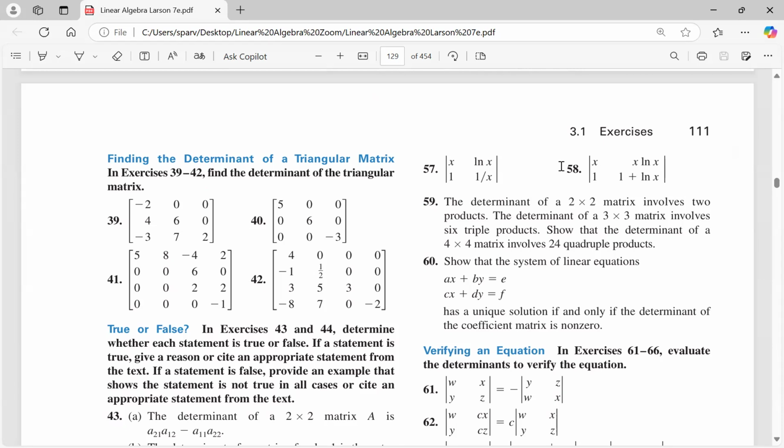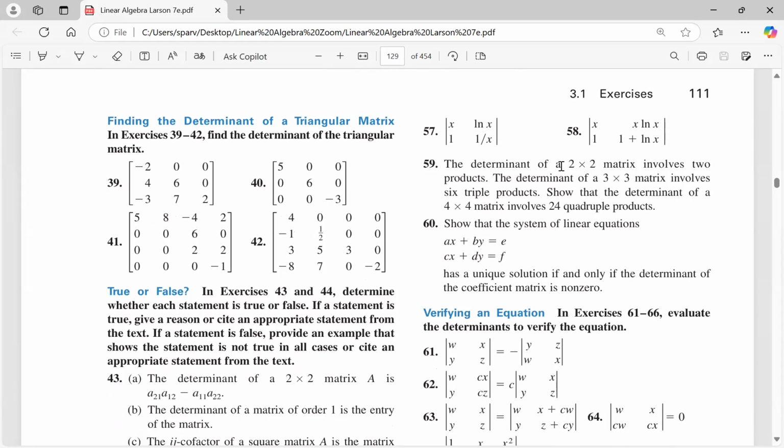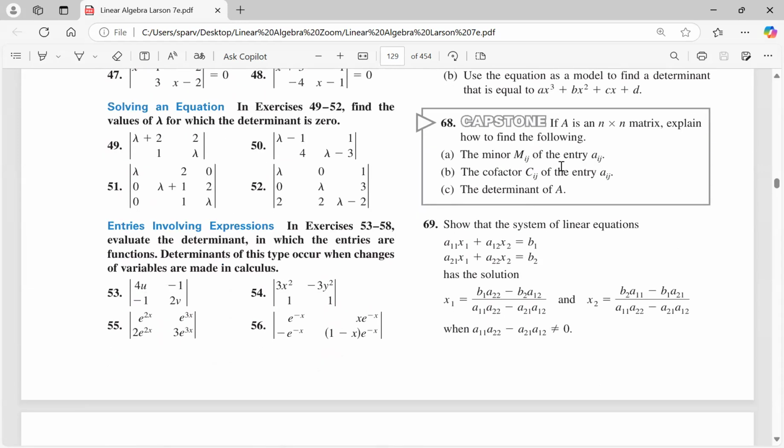In exercise number 58, the question, evaluate the determinant in which the entries are functions. So they don't have to be numbers. They could be functions. They could be objects. They could be a lot of stuff. Determinants of this type occur when change of variables are made in calculus. Okay.